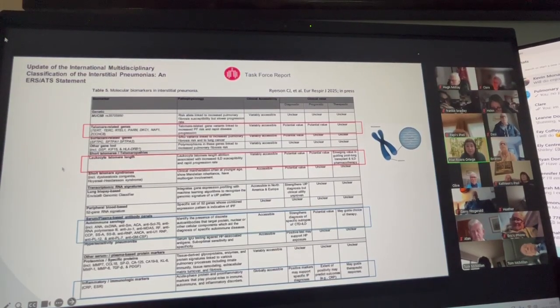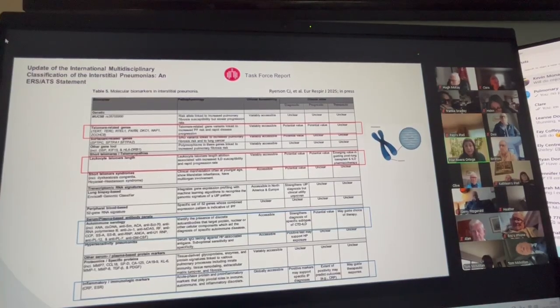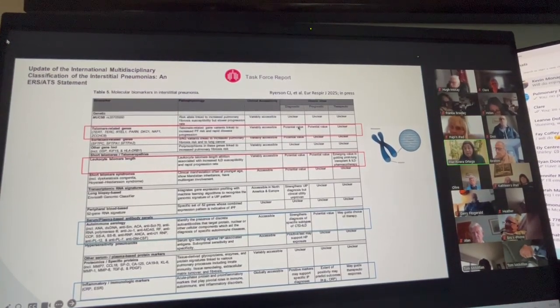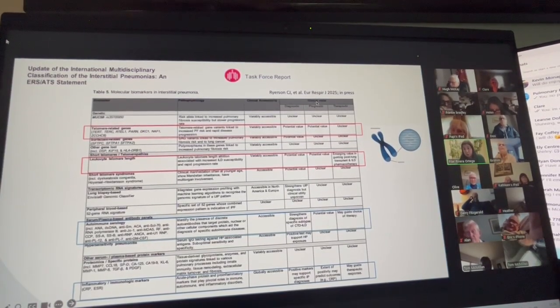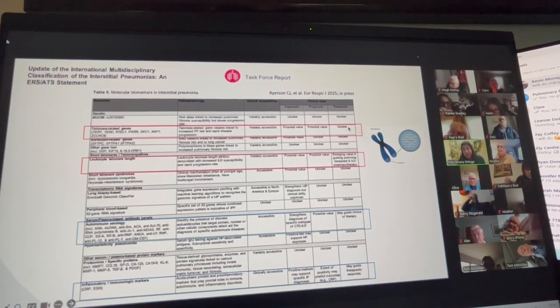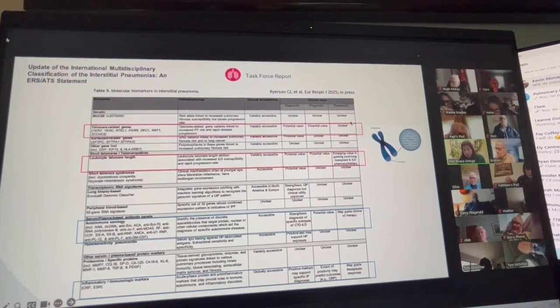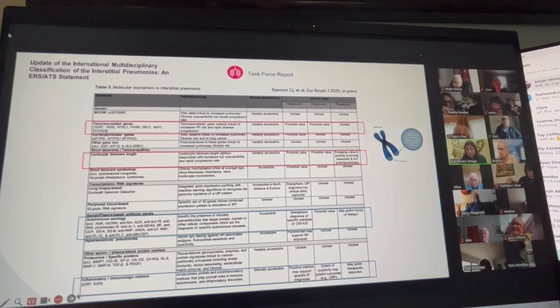Never in the previous classification did they mention genetic biomarkers. Now they mention a possible potential use for diagnosis, potential use for prognosis, and clear therapeutic use in the case of telomere-related genes, but emerging value in the case of telomere length.